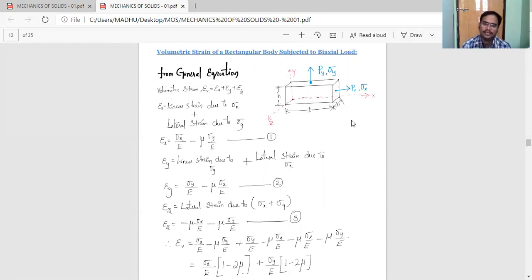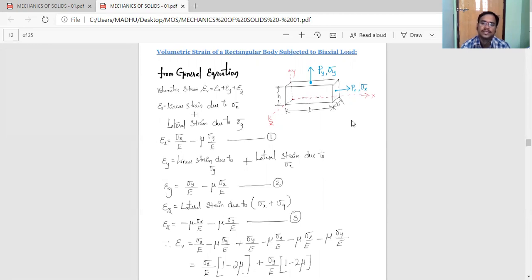Because of Py, the dimension in the y direction, that is h, will increase, and the dimensions in the x and z directions will decrease, because the lateral and longitudinal strains are opposite in nature. Because of Py, the longitudinal strain causes a change in h, whereas the lateral dimensions b and l will decrease.